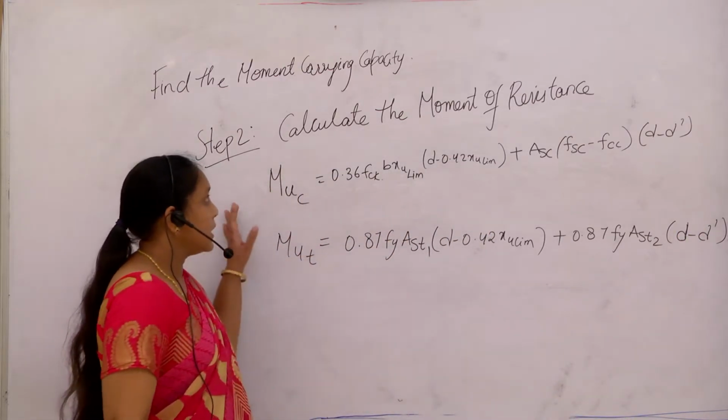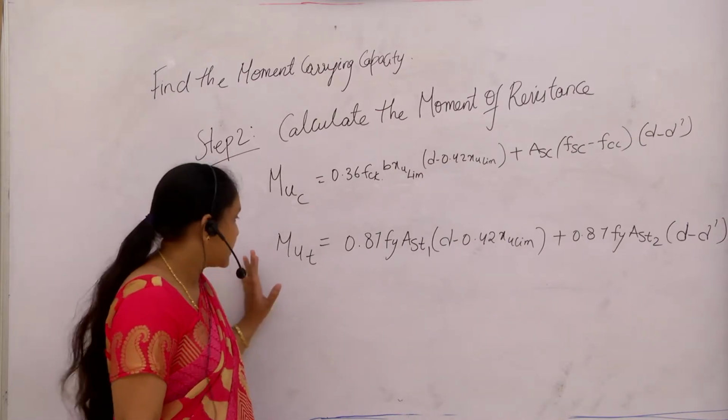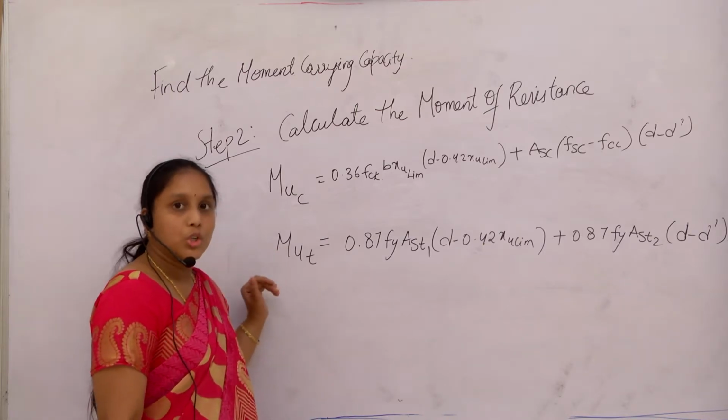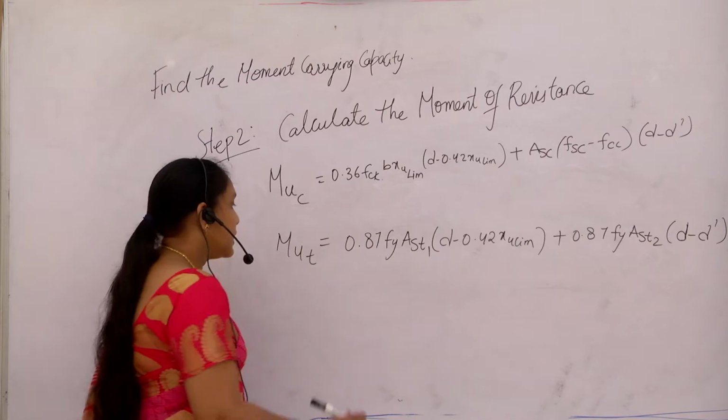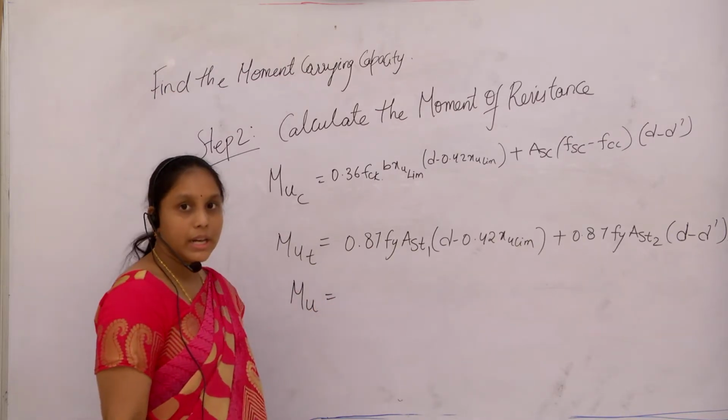So by using these two equations you can calculate the moment of resistance, and the minimum value of these two should be considered as the moment of resistance for that particular section.